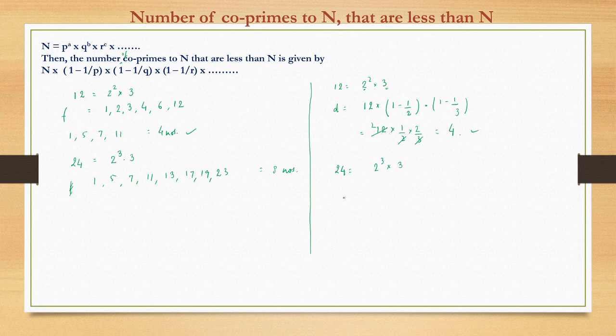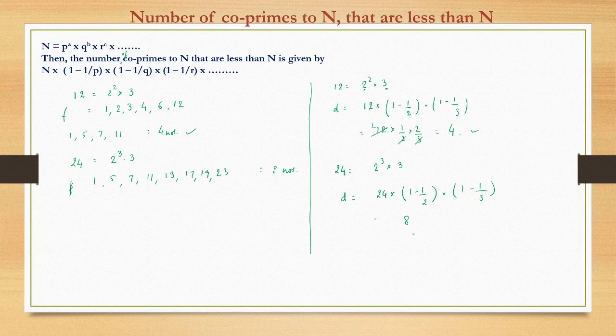So the number of numbers which are less than 24 but co-prime to 24 would be given by 24 into 1 minus 1 upon the first prime factor, which is 2, into 1 minus 1 upon the second prime factor, which is 3. So from here we can get 8.